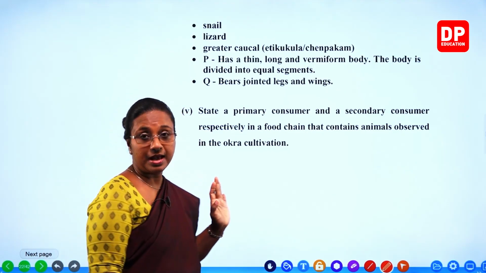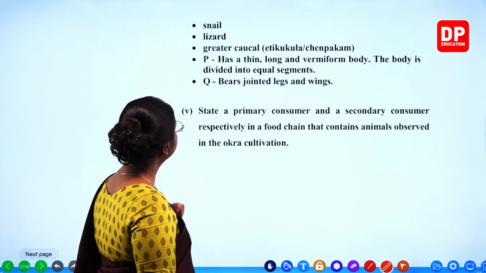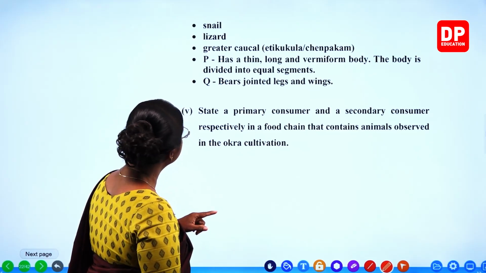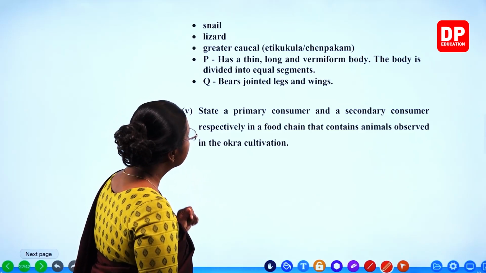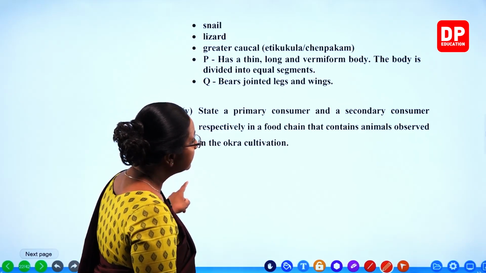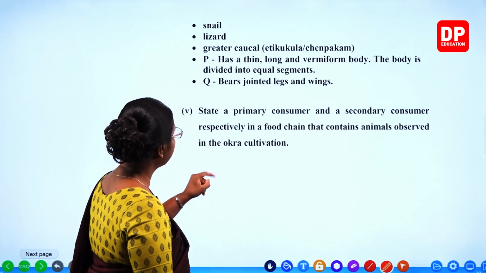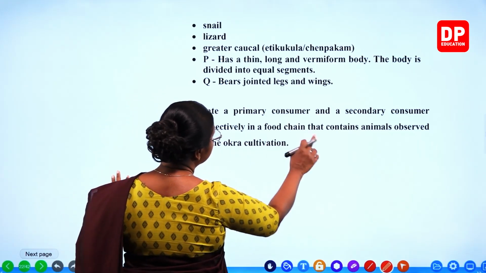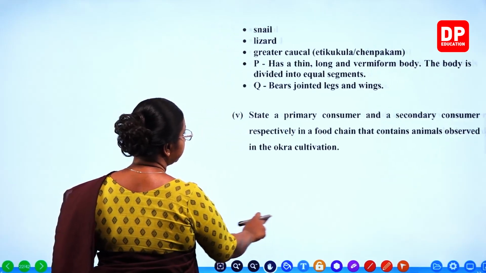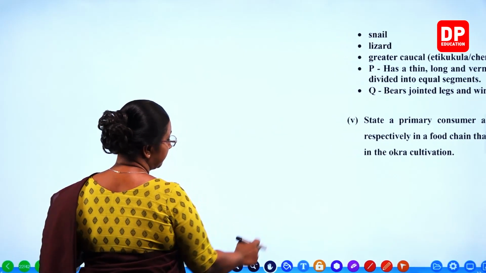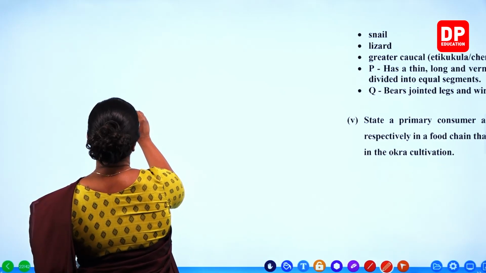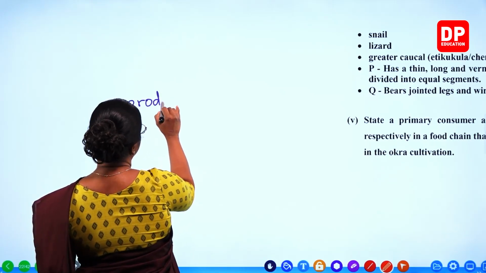Again, the same animals are given to you. Fifth one, state a primary consumer and a secondary consumer respectively in a food chain that contains animals observed in the okra cultivation. Now here, if you take a food chain. Now, how do we have the food chain? You can remember, students, initially it is going to be the producer.